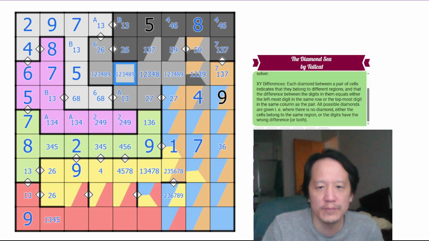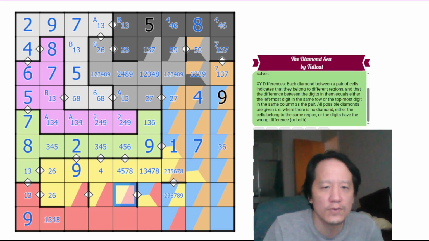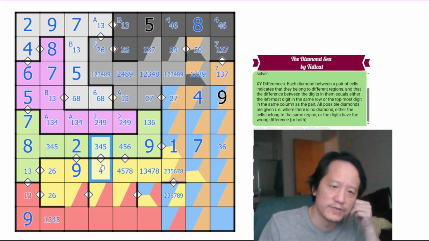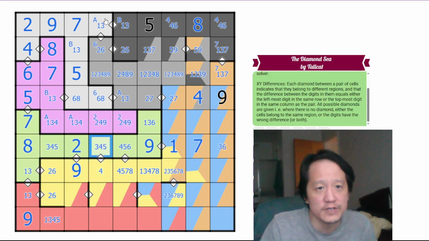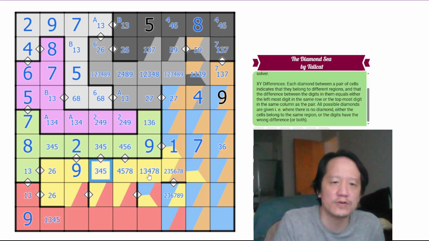But okay, so this can't be 1 or 3 because of the 1, 3 pair in the column. If this is 3 again, this is 1, 2, this has to be a difference of 1, so it's 4. 4 could be a difference of, if it's a difference of 1, it could be 3 or 5 here.